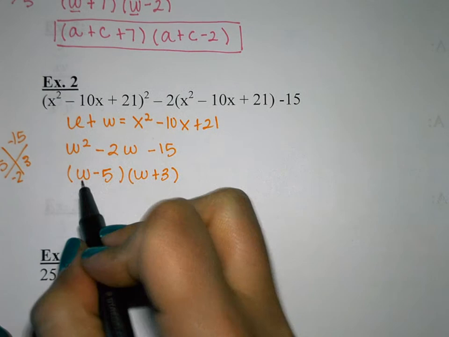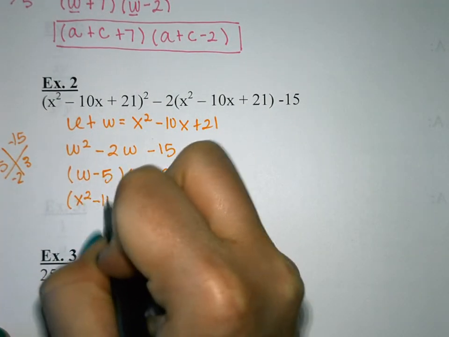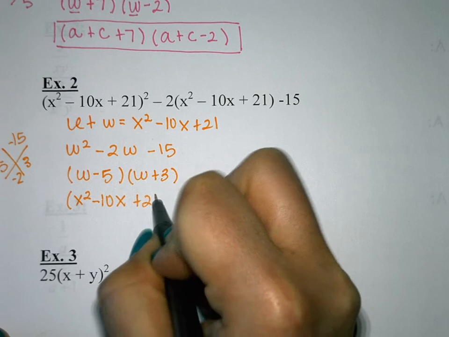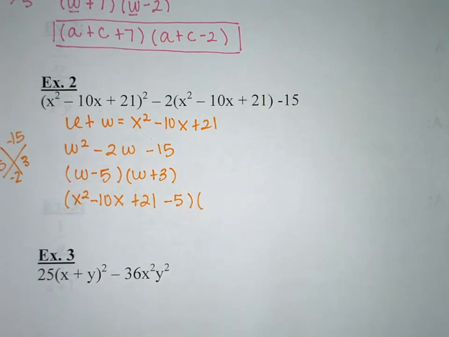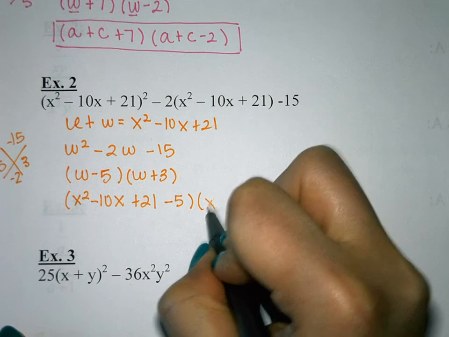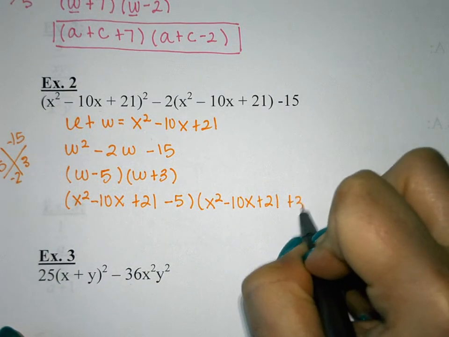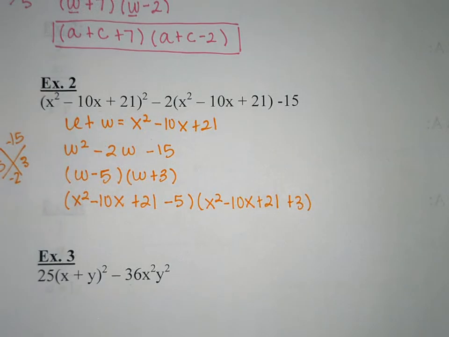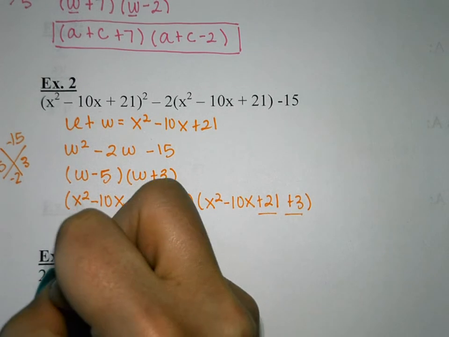So when we substitute our original quantity back in, that's going to be (x squared minus 10x plus 21 minus 5) times (x squared minus 10x plus 21 plus 3). We need to combine like terms as much as we can, so let's do our addition here.